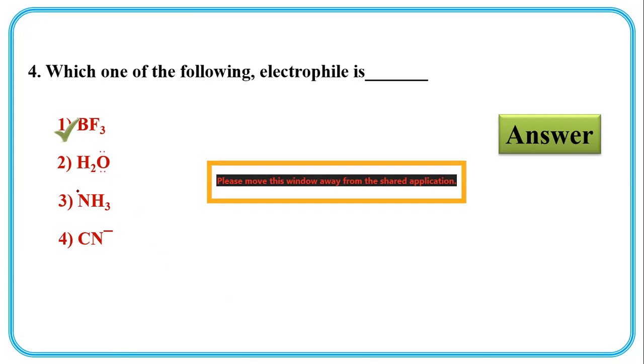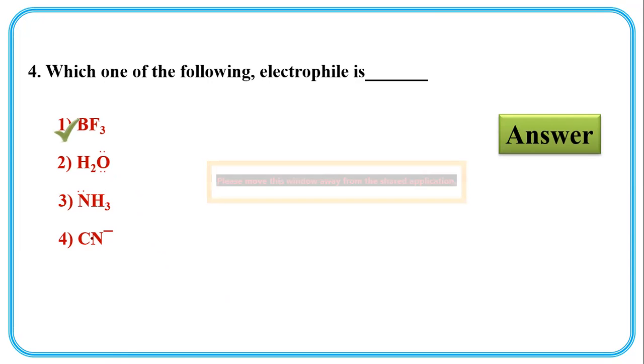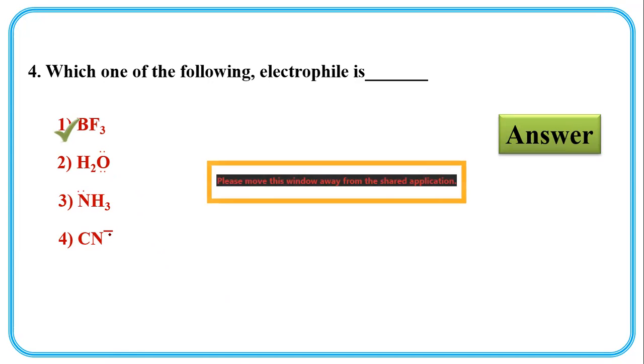Third, ammonia. Ammonia has nitrogen, which has an unused electron pair. And the fourth example, cyanide, has a negative charge. So nucleophiles are those in which either excess electrons or negative charges are present on the species.